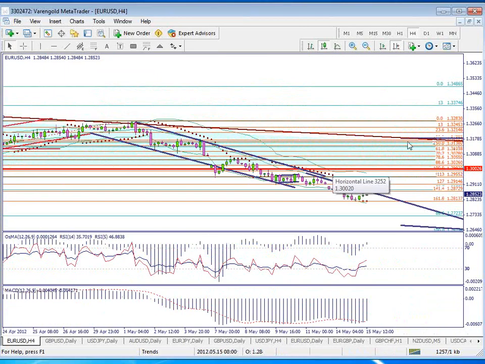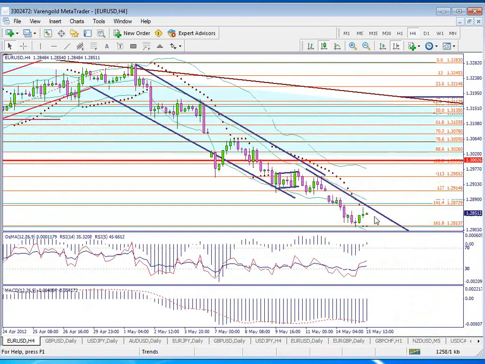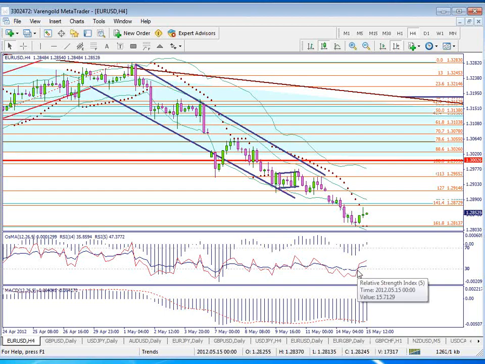On 4-hour time frame, you can see that the pair doesn't even reach 141 level, and I have one signal for buy here with a small confirmation from MACD, but yet I think that the pair will just have the power to go up to 141.4, not higher.